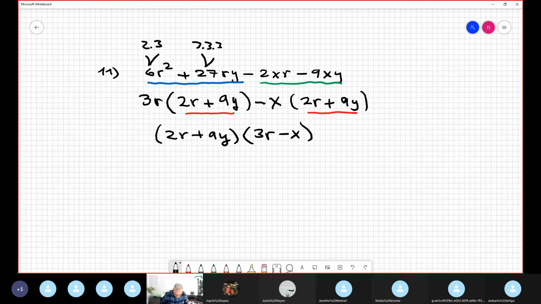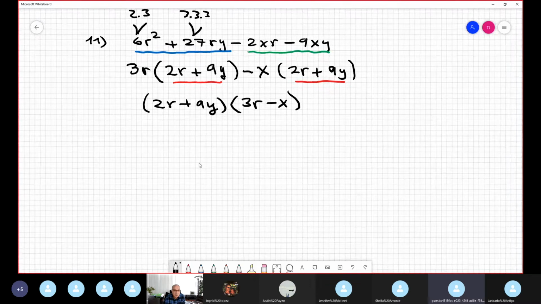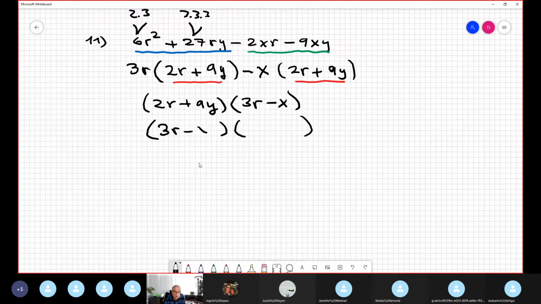Entonces, everything okay o no? No? Confusing? It's B, no? It's B. Let me see. Yes, okay. It's important to say something. It's important que this answer, suppose que another student manipulate in different way 3R minus X and 2R plus 9Y.